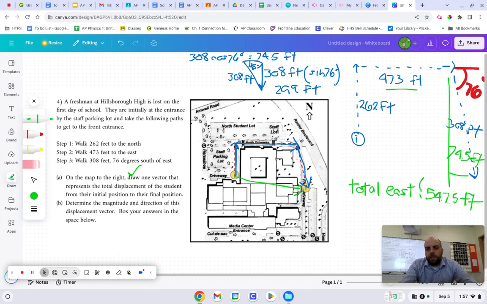What we also see is that the student went 262 feet to the north and then 299 feet south. That means the amount that they went south must be 37 feet.